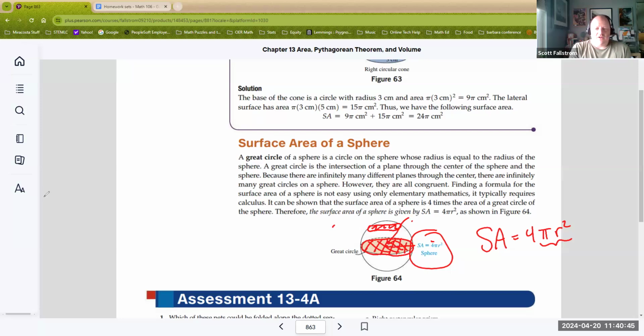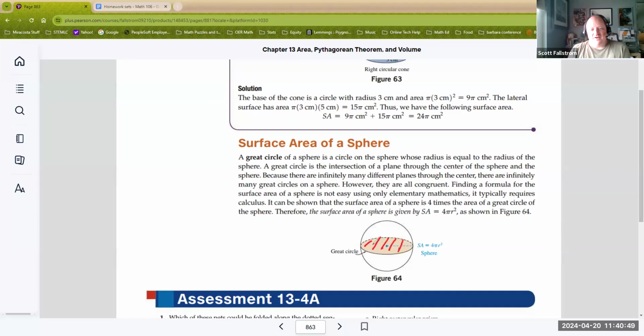And so therefore we don't call it a great circle. But one of these great circles, the area of that great circle is pi r squared. And what's great is if you want to coat the surface of this sphere with something, maybe paper, maybe you want to dip it into something and see how much do I have to get on there, you would say it's actually 4 of these great circles. So 4 pi r squared.